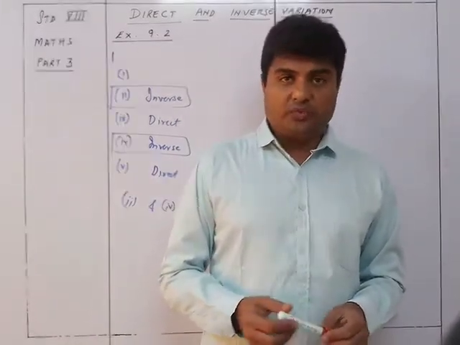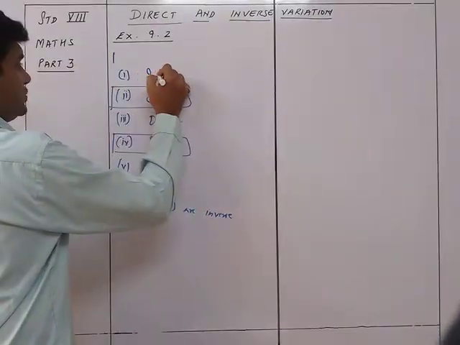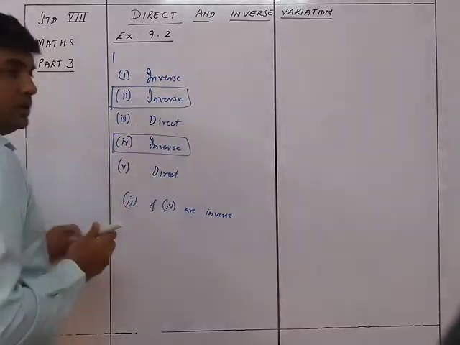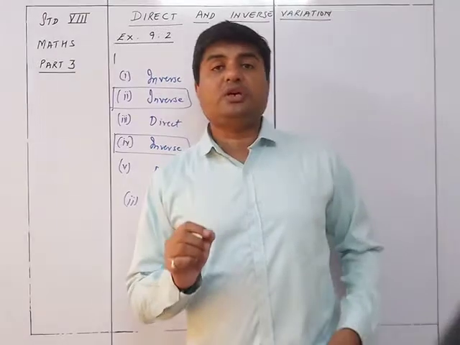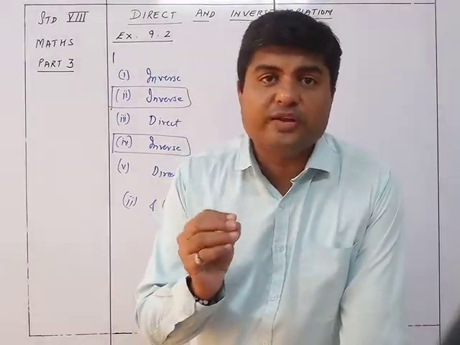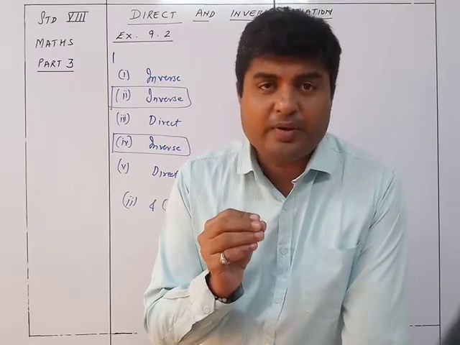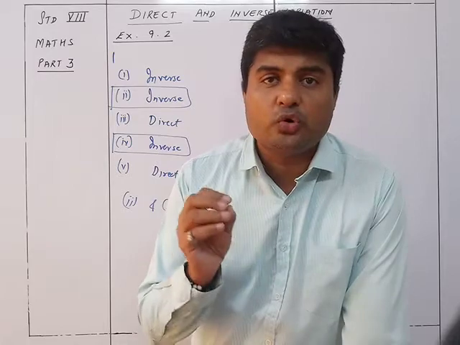So the consumption will be inverse accordingly. That's why it is inverse. By the term consumption of food, it means for how many days the food is going to last.